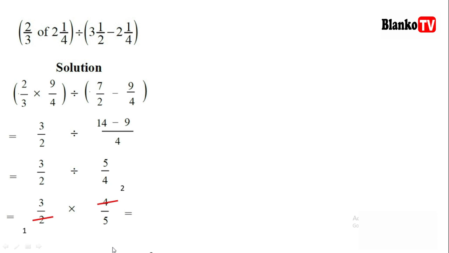So we have 3 over 1 times 2 over 5. When you multiply 3 over 1 by 2 over 5, we're going to get 6 over 5 as our final answer. To change this into a mixed fraction, we're going to get 1 whole number 1 over 5.